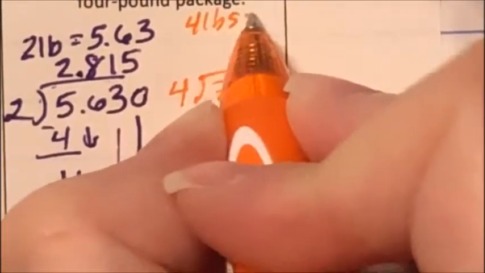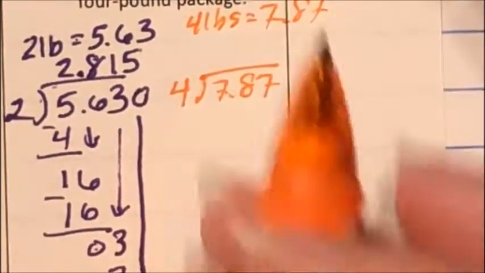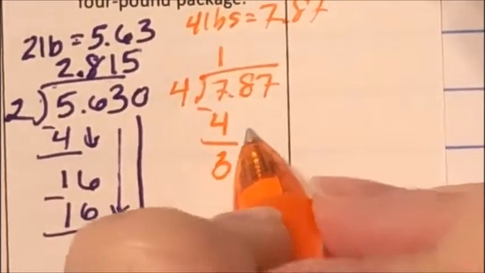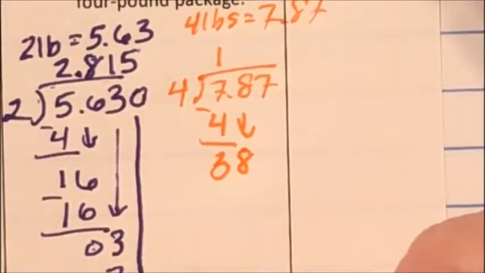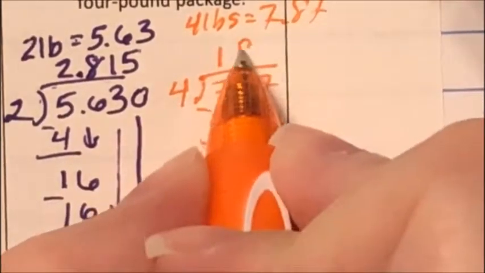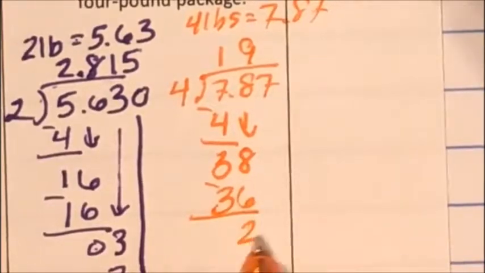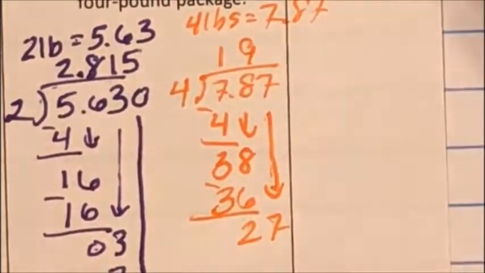So 4 pounds, $7.87. So 4 goes into 7 one time. 7 minus 4 is 3. And I bring down my 8. 4 goes into 38 9 times. 9 times 4 is 36. I subtract and get 2. And I bring down my 7.